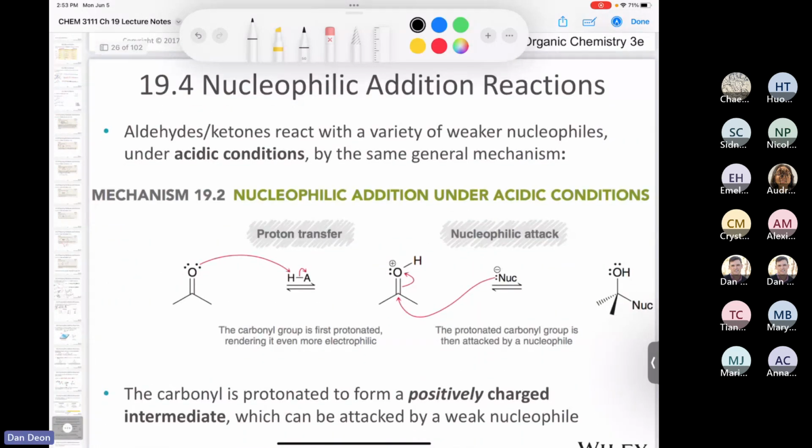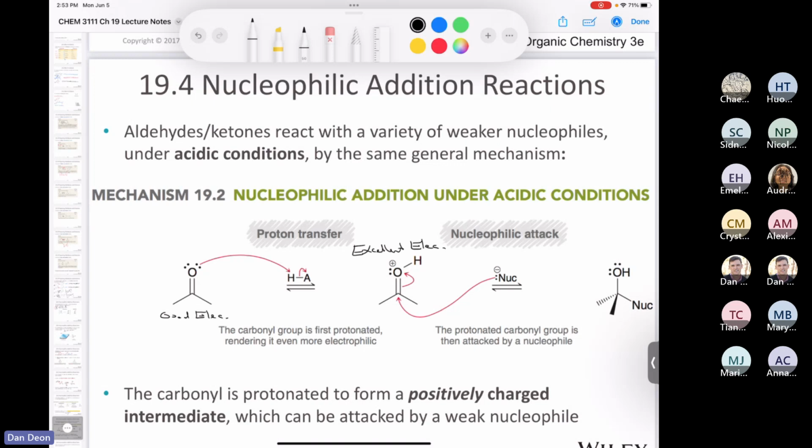All right, so it says here that aldehydes and ketones can also react with a variety of weaker nucleophiles if they're protonated first. Under acidic conditions, we can protonate the carbonyl oxygen first to go from a good electrophile to an excellent electrophile.